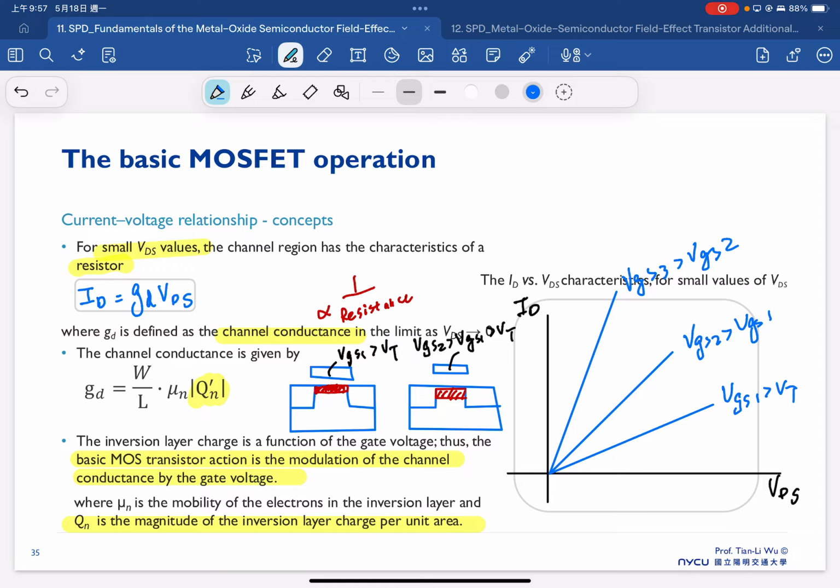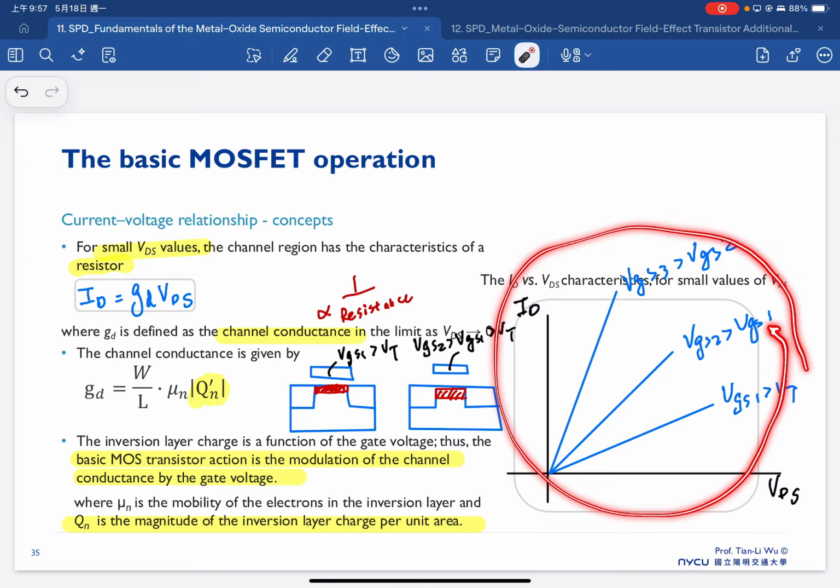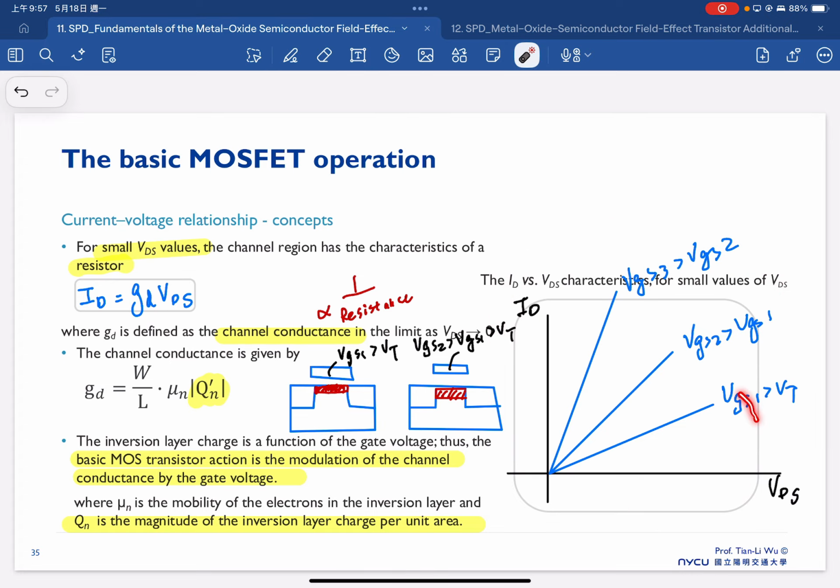So that's our ID versus VD. This is the case where we consider a smaller VDS value, so the channel behaves like a resistance. This is a typical resistance characteristic, and once we increase the gate bias, the amount of Q1 increases, so we can see the current increases faster here.